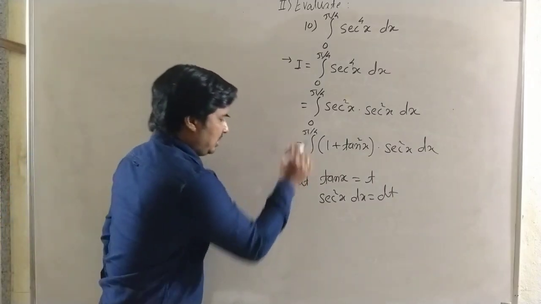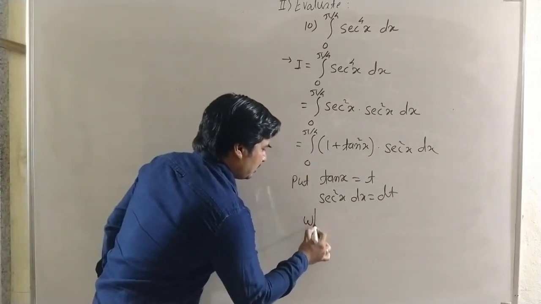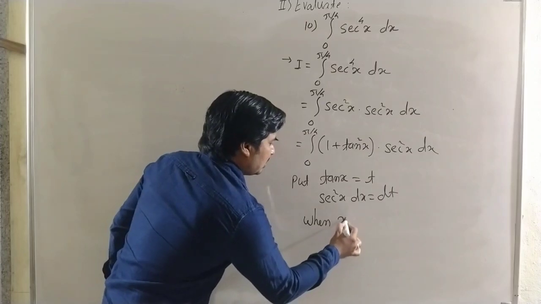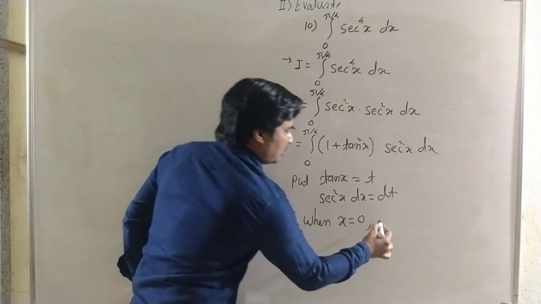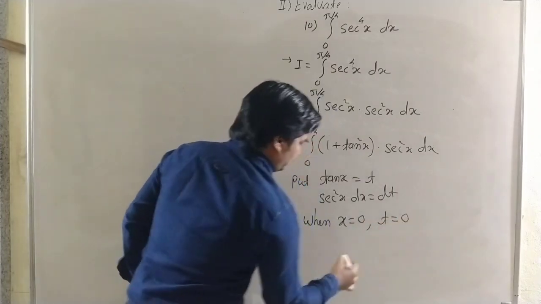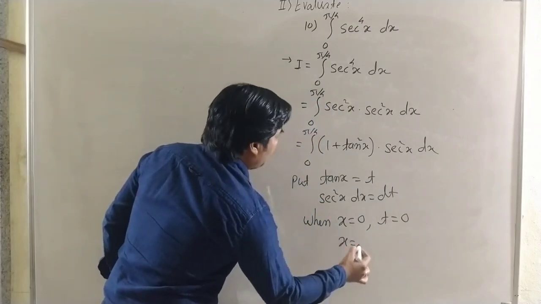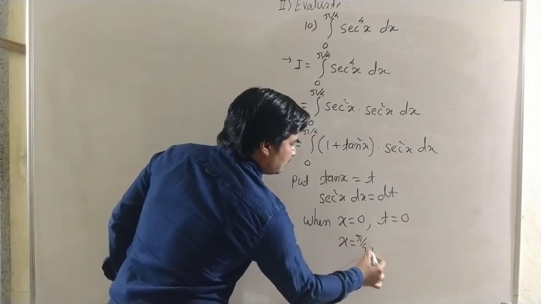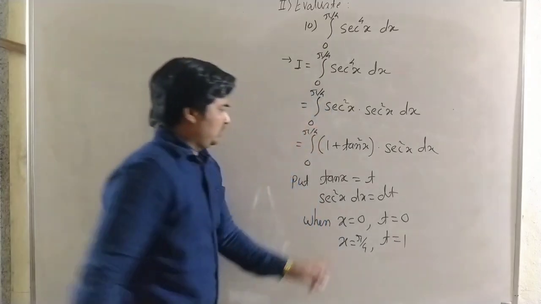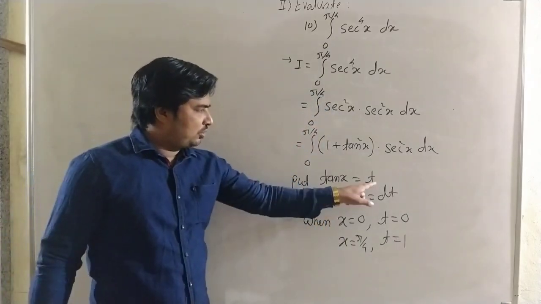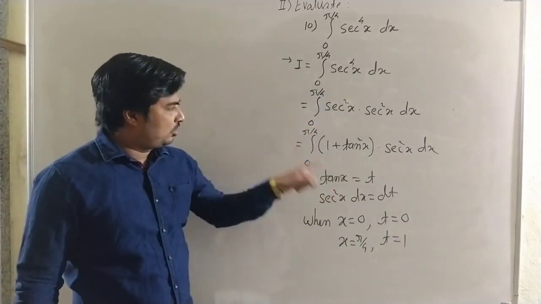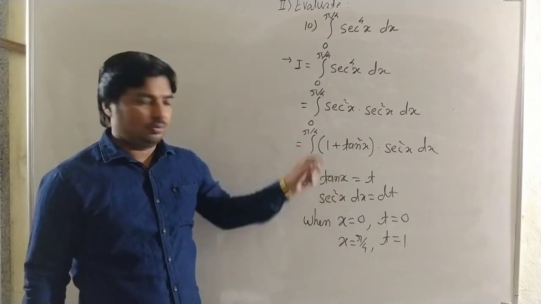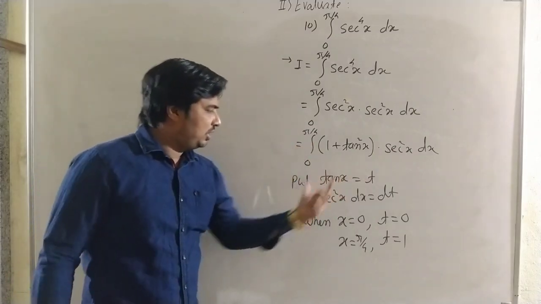So first change the limit. When x is equal to 0, t is also 0, and when x is equal to pi by 4, t is equal to 1. X equal to 0 is tan 0, which is 0, therefore t is equal to 0. X equal to pi by 4 is tan pi by 4, and tan pi by 4 is 1, therefore t is equal to 1.